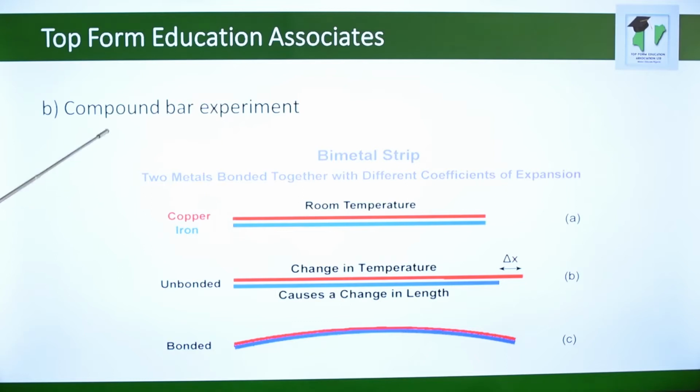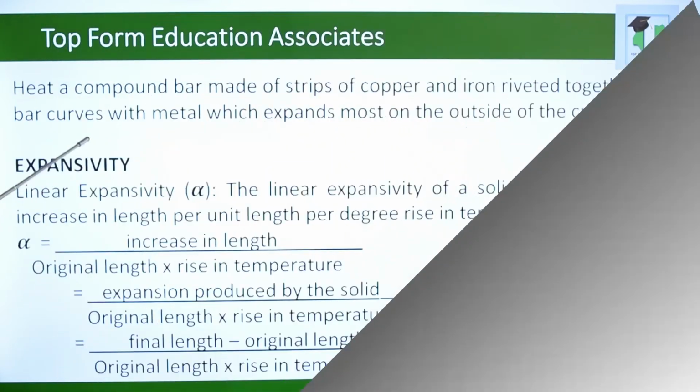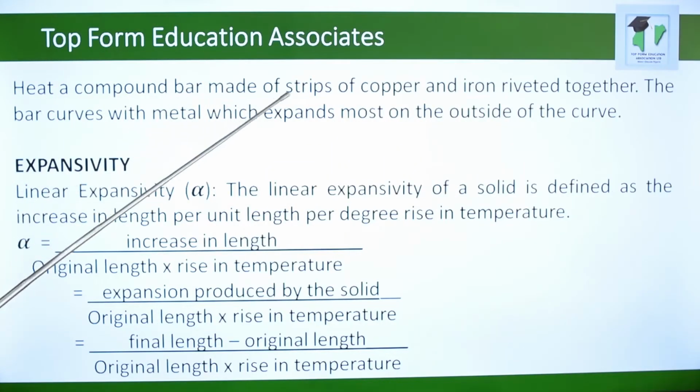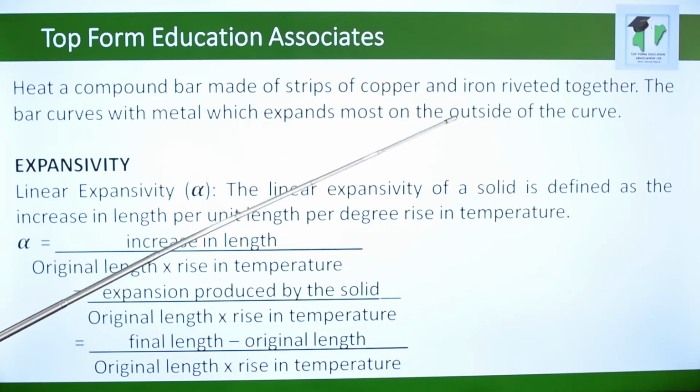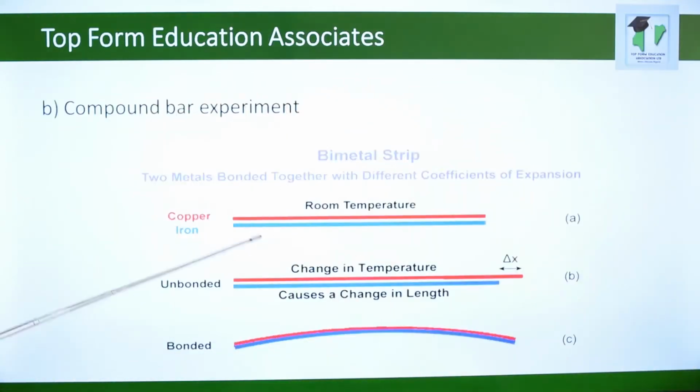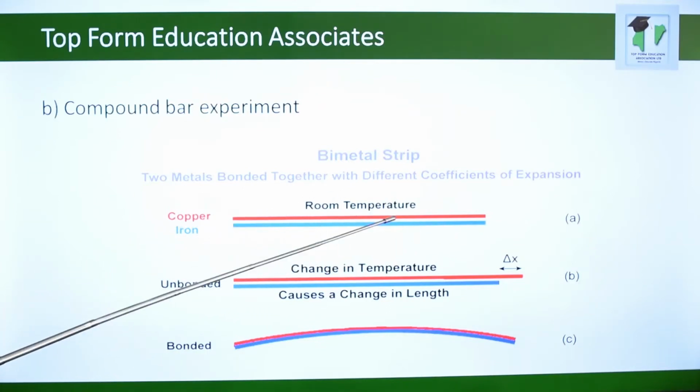You can also use what we call the compound bar experiment to explain the expansion of solids. We have a compound bar made of strips of copper and iron, riveted together, called the bimetallic strip. You have copper and iron of the same length at room temperature.